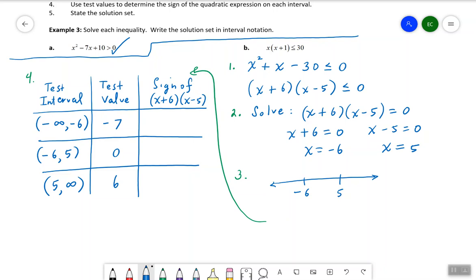So now let's go ahead and plug in -7 to this expression. When we see -7 plus 6, that's a negative number. That's -1 multiplied by the next factor, -7 minus 5. That's another negative, and so the result is a positive.